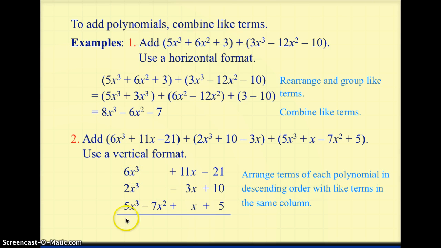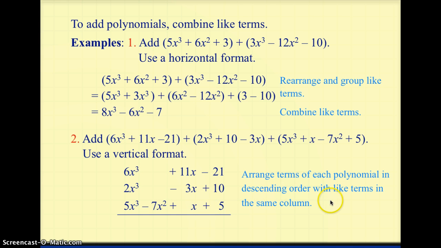So you have to line up your terms in a column, in the same column. So this column is all your x to the third. This column is all your x squareds, and as you notice, we've left a blank in the top two because in those polynomials we do not have an x squared. These are the x's and then the terms without a variable.